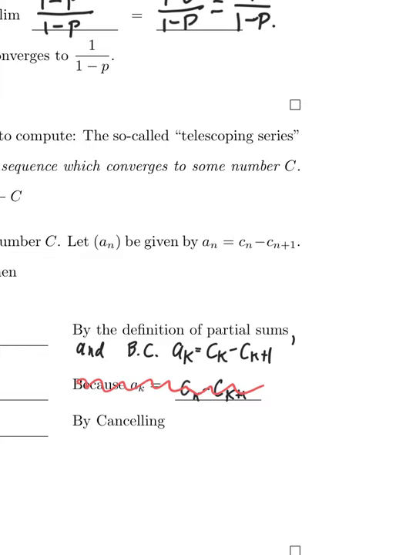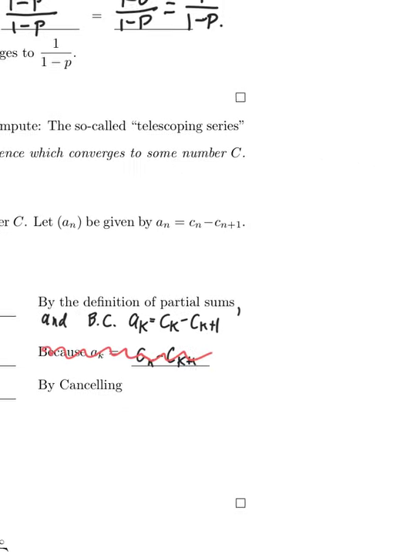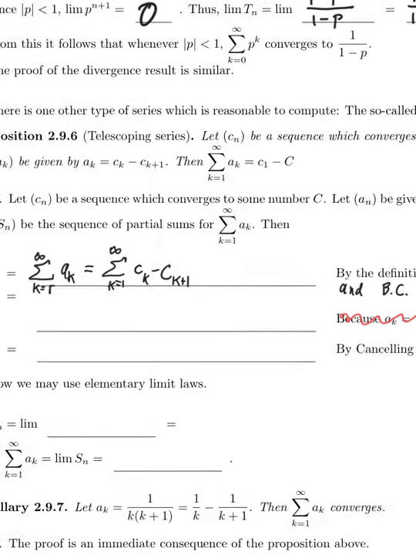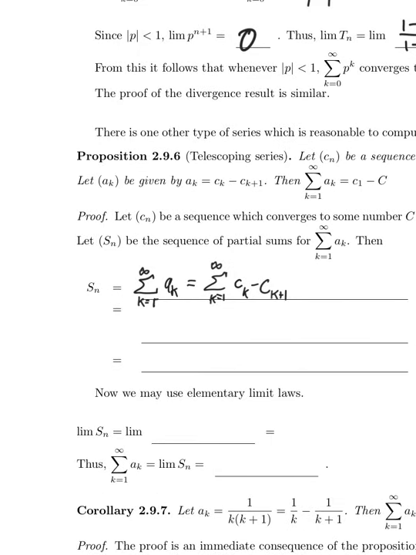Next, I think that I want to expand everything out. So let's do that and see what we get. What's the term when k is equal to 1? I'll see C1 minus C2. There's the k equals 1 term. Plus, next, the k equals 2 term.